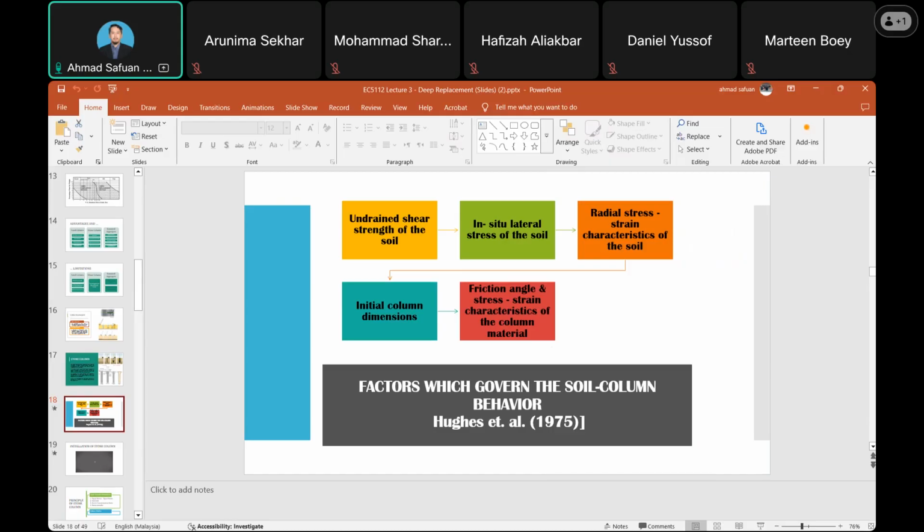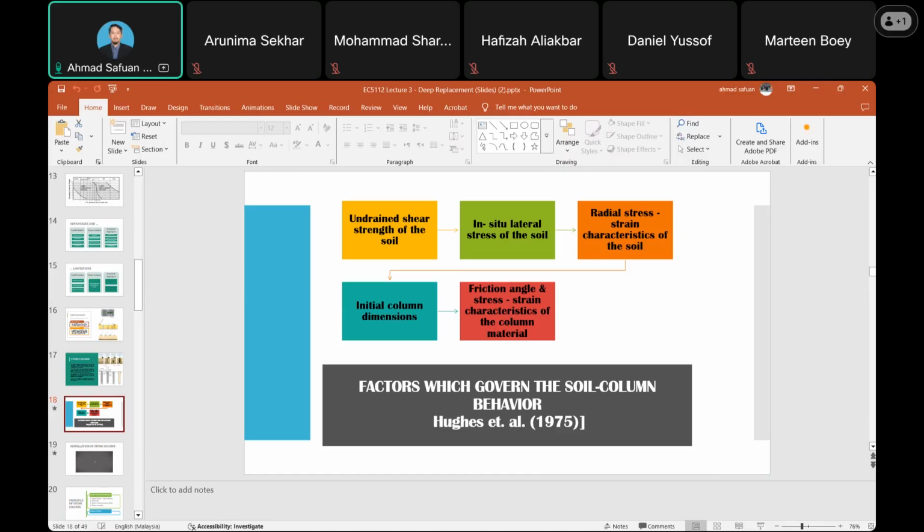So, the initial column dimension. Usually to treat the soft soil, the range of the improvement is called the improvement area ratio, for example by percentage.